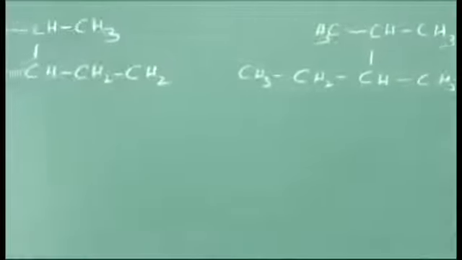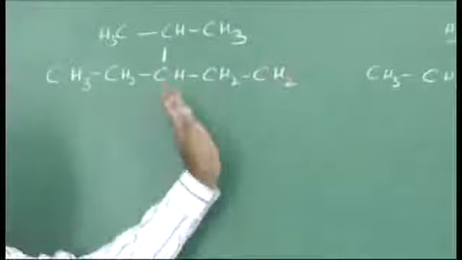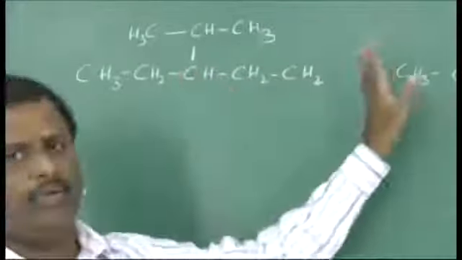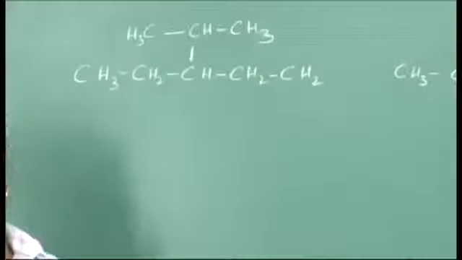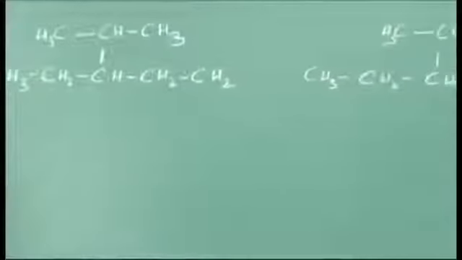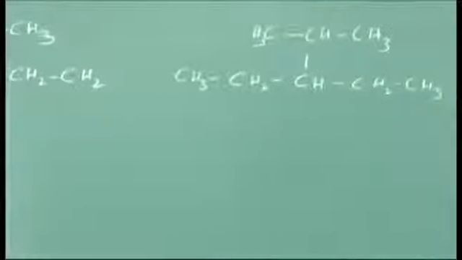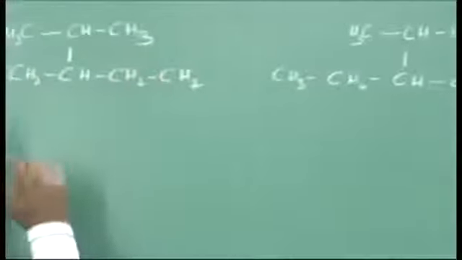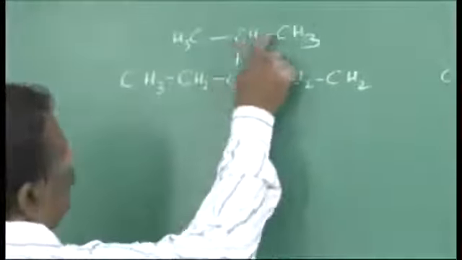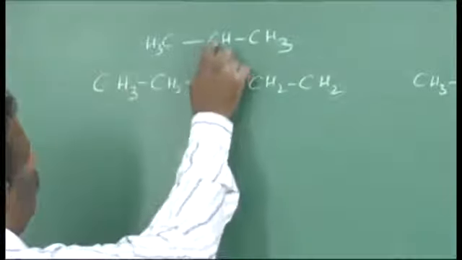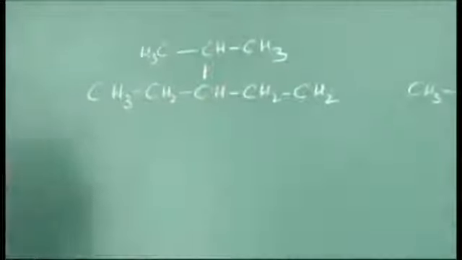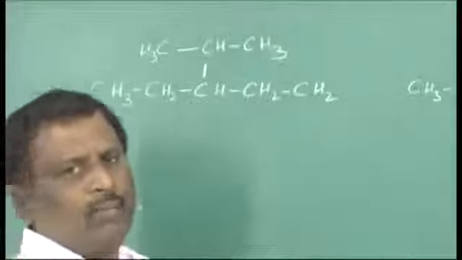Let us see this example. Here we have one compound, both are the same compound. In this compound, if you take 1, 2, 3, 4, 5 in any direction you are going to get the same number of carbon atoms.